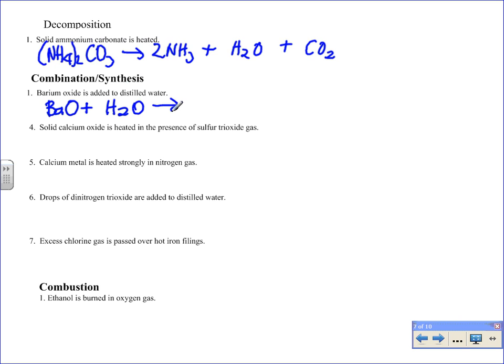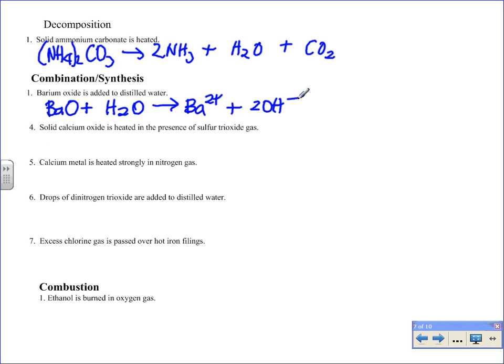The base that's going to be produced here is barium hydroxide, Ba(OH)2. But because that's an ionic compound and a strong base, it's going to break up into its ions. So this is the net ionic equation.